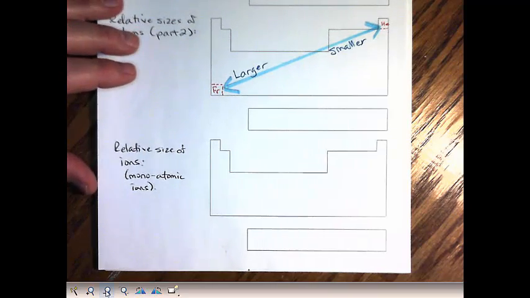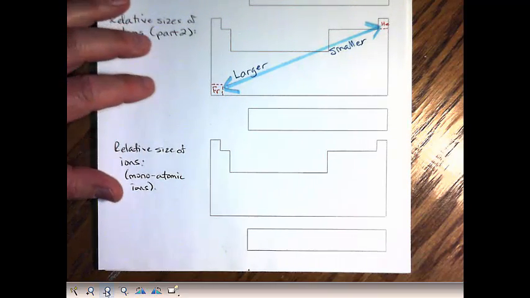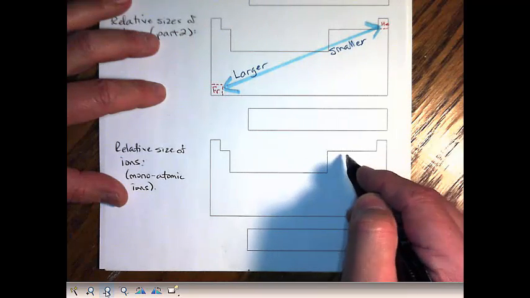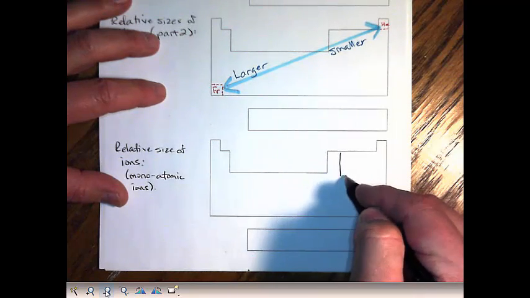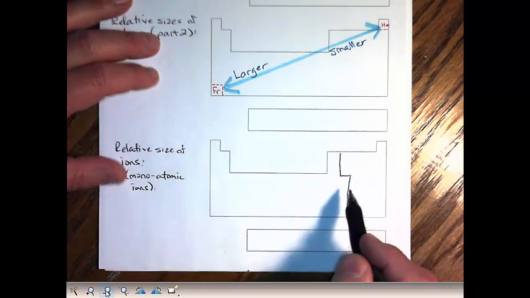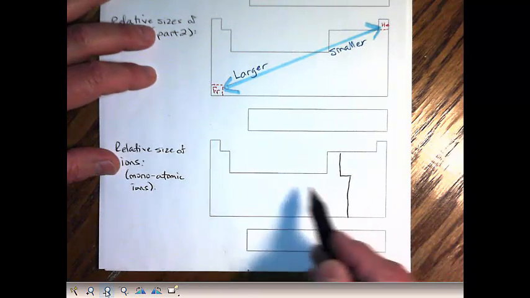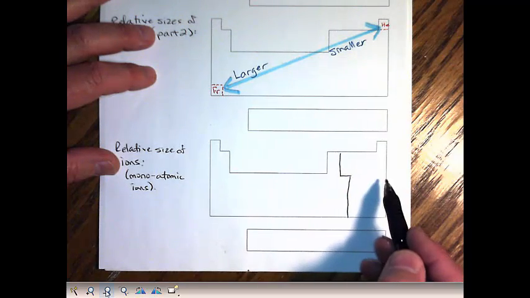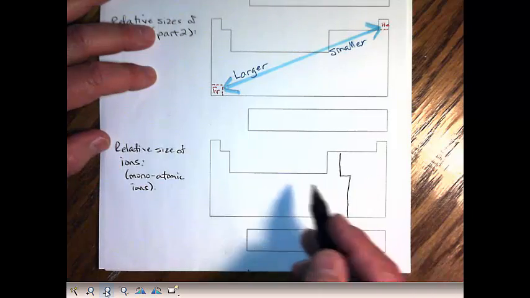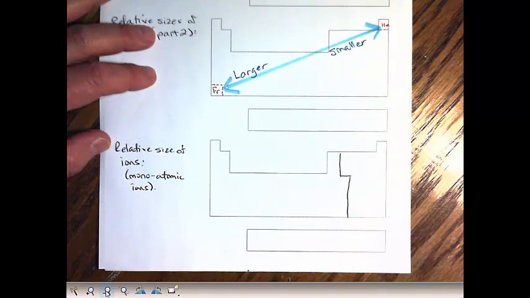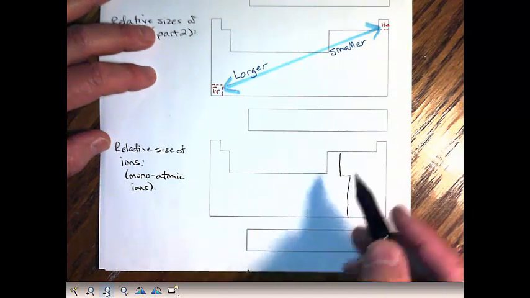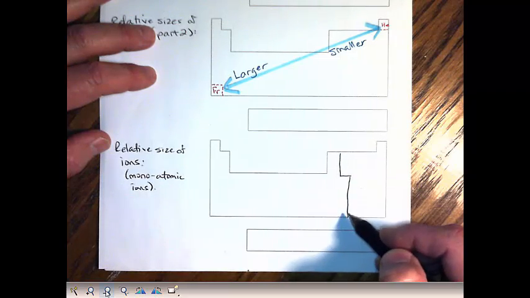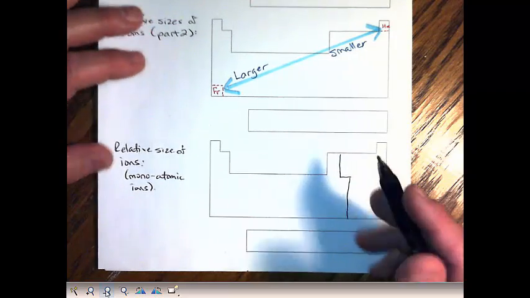In terms of the relative size, when we get over here to the nonmetals, instead of losing electrons on this side, that's what metals do. Metals lose electrons. These over here tend to gain electrons. So this pattern of smaller and larger also works, but there's a break right here where you've got to reset the whole thing.